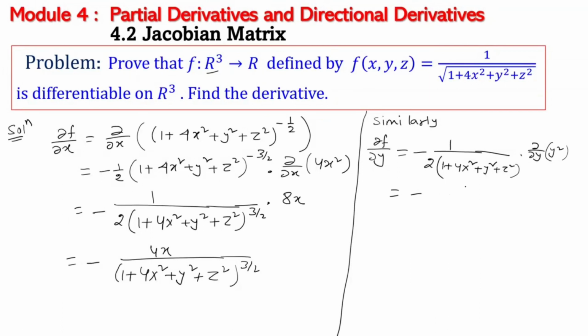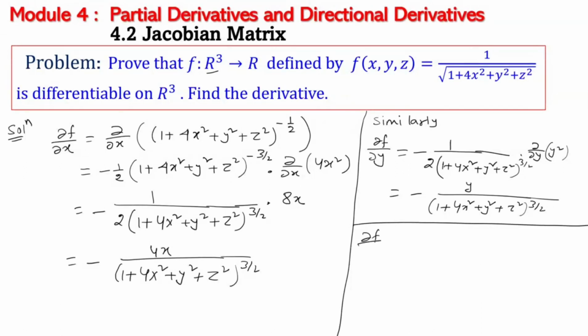So this is equal to minus y over (1 plus 4x squared plus y squared plus z squared) to the power 3 over 2, which is again a continuous function.